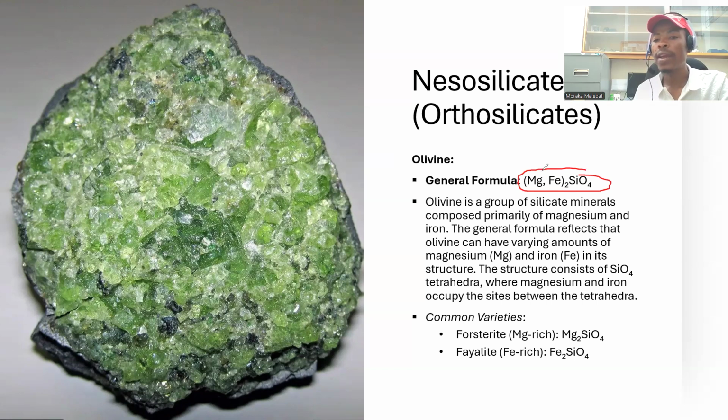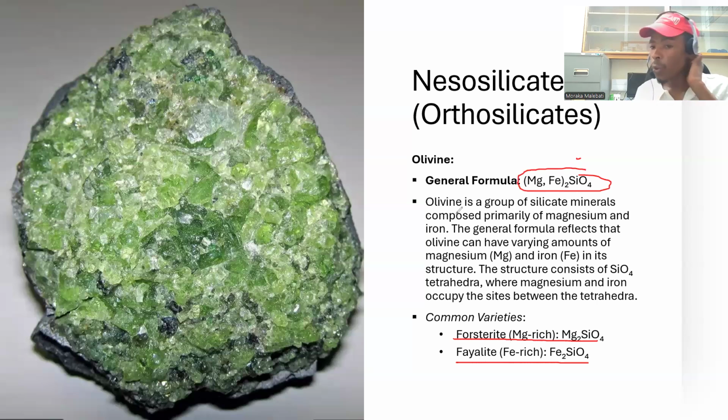It means you can have magnesium-rich olivine or iron-rich olivine, where the magnesium-rich olivine is termed forsterite, and fayalite is the iron-rich olivine. So the general formula is this one, and it has these end members, forsterite and fayalite.